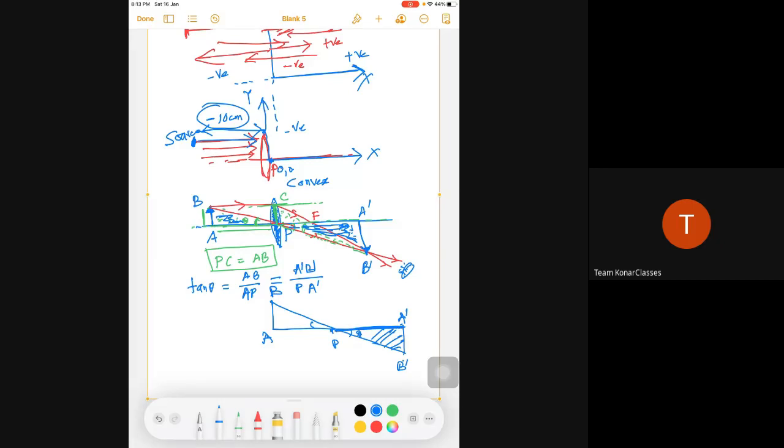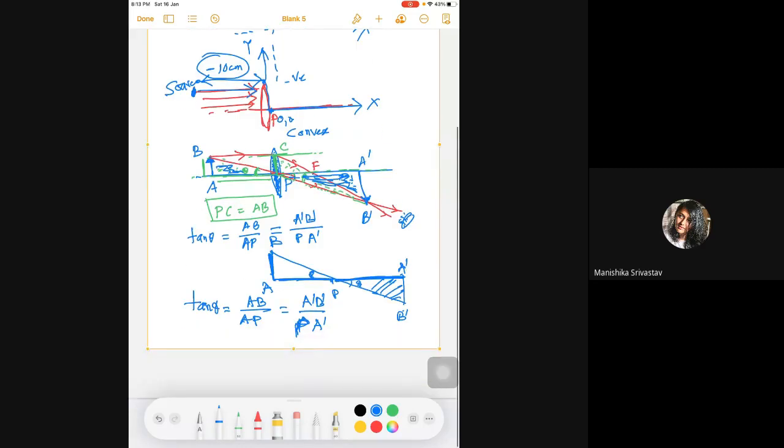For this triangle, the opposite line is the perpendicular and this is the base. So clearly, tan theta equals AB by AP, and in the same way tan theta equals A dash B dash by P A dash. Is it clear? Yes, sir. Okay, let's move on.